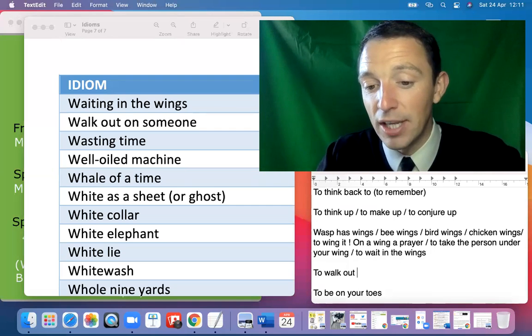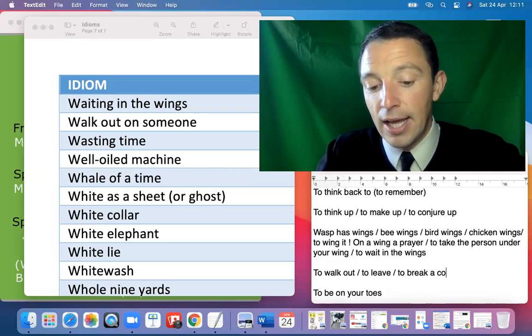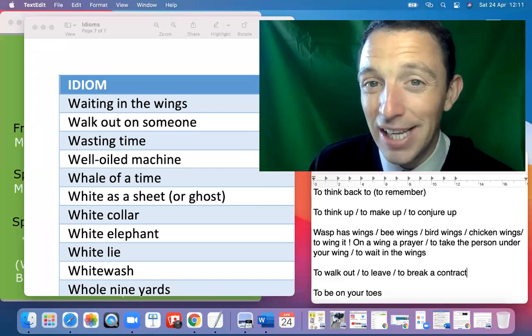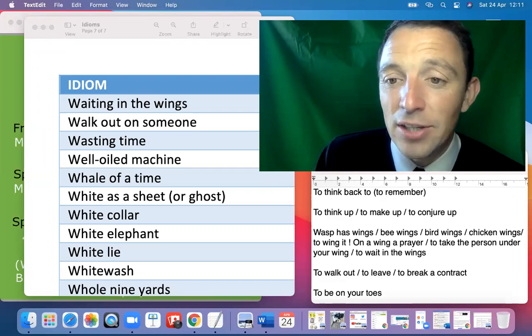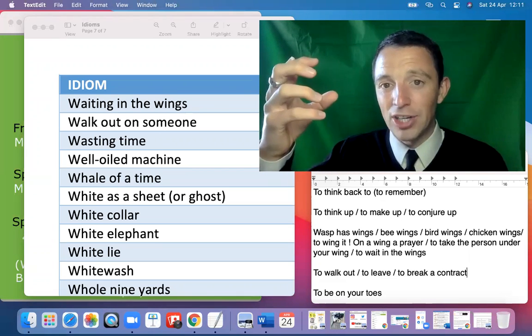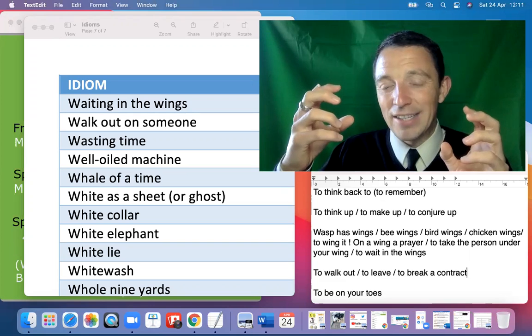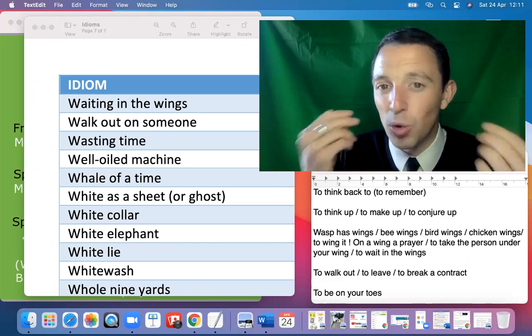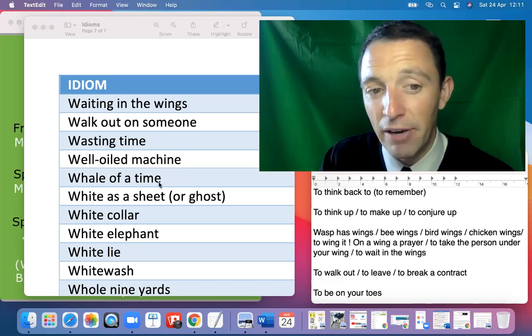Okay, so it's very important in relation to leave or to break a contract. Very, very important. Okay, so to walk out on somebody, it could be an argument, it could be a discussion. So in a meeting, you have the manager and you have the worker, and the worker is not happy. So the worker decides to walk out in protest. Okay, so really, really good.